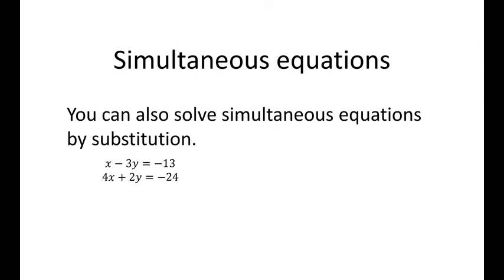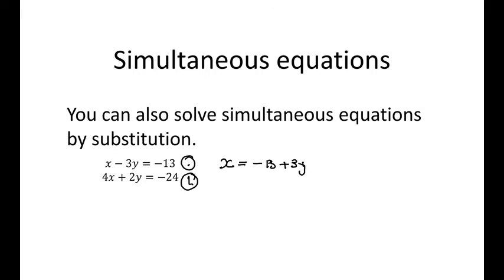Another way of solving simultaneous equations is by a method that's just called substitution. Now, if we look at the first equation this time, by rearranging it, we can see that x is equal to negative 13 plus 3y.